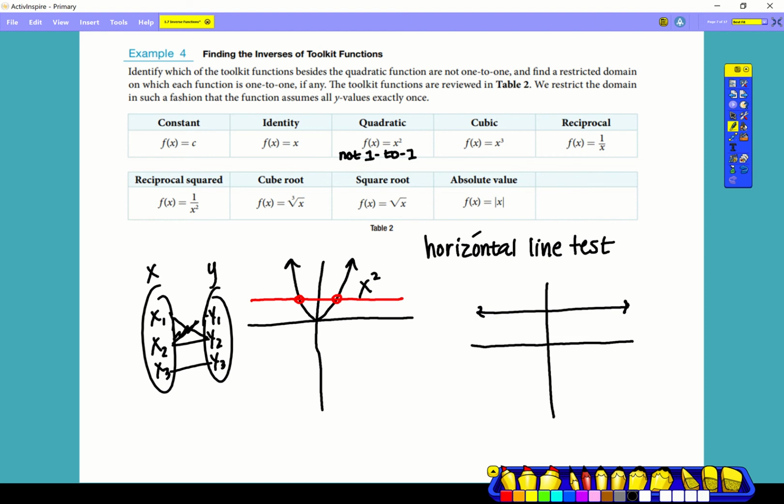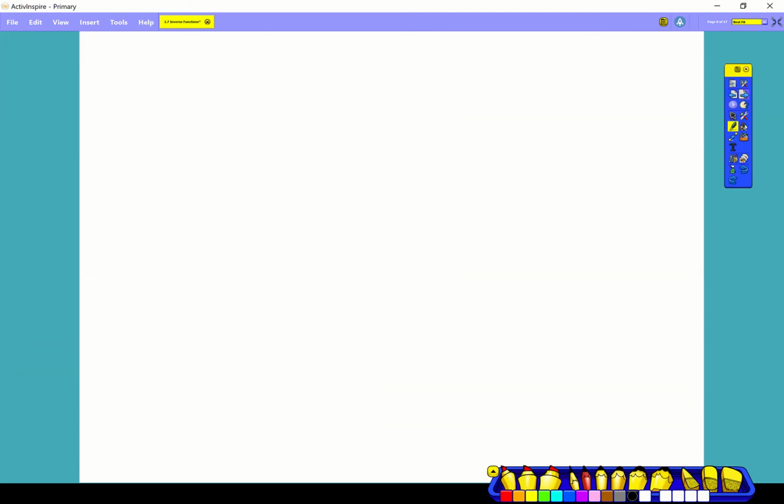Okay. So our identity function. Let's get another piece of paper. This is f of x equals x.